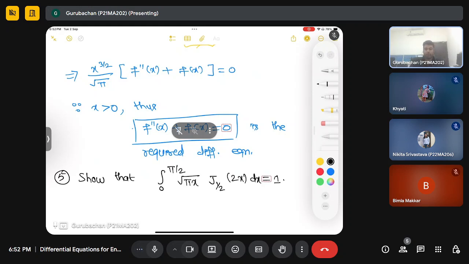I'm just giving you a hint. There is not much bigger calculation in this. You just need to recall what is the value of J half x, and in the place of x, you have to substitute 2x, and then you have to calculate this integral with the help of the left hand side. Then you will get 1. So try this one.